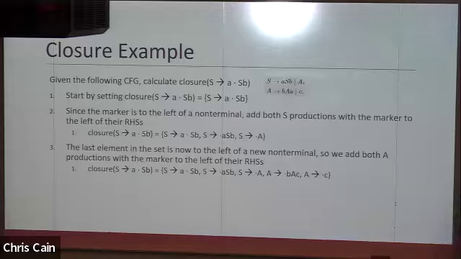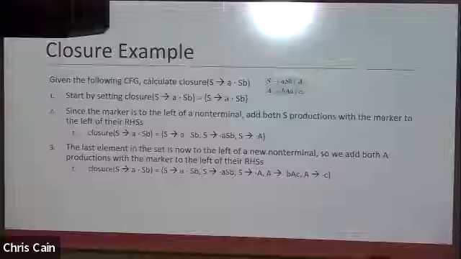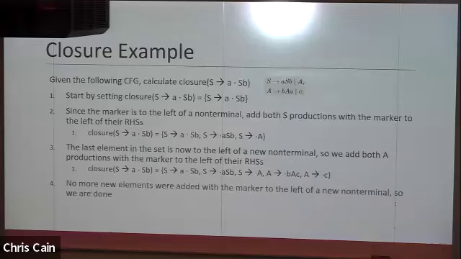This closure now allows us to say, these are all of the possible ways to move this marker past the S. All of that information is embedded in this closure. So yeah, no more new elements were added that were to the left of a new non-terminal. So we are done.